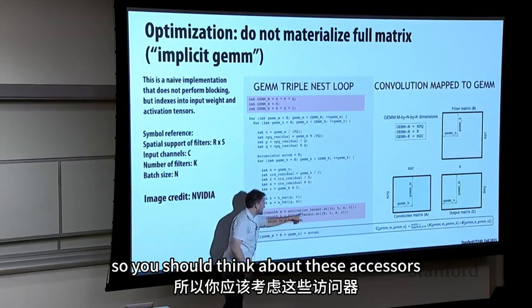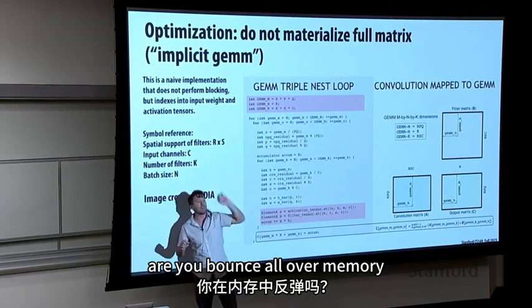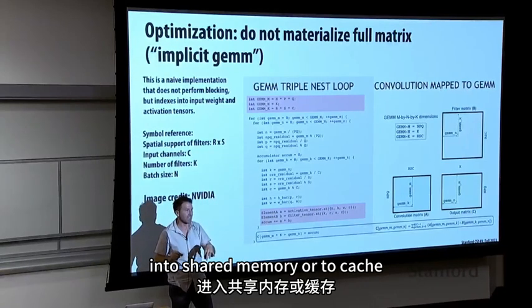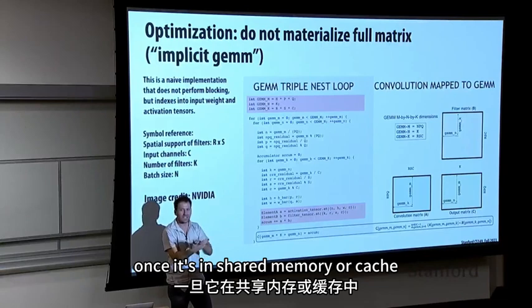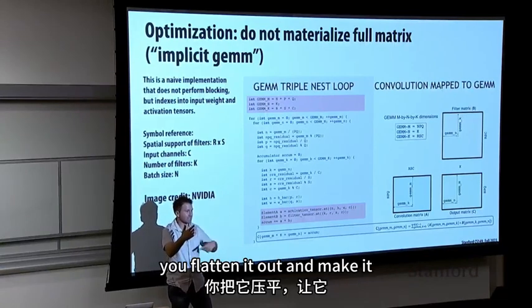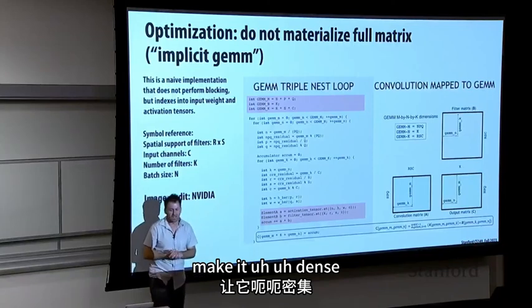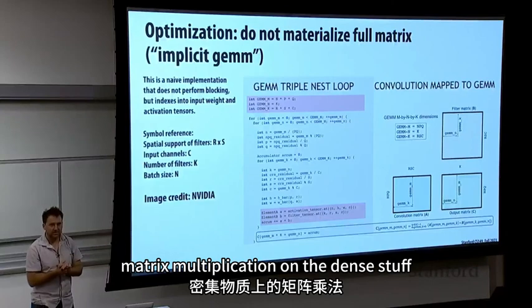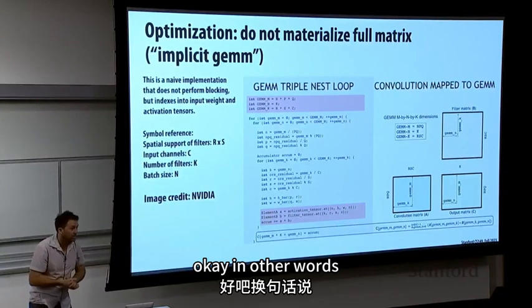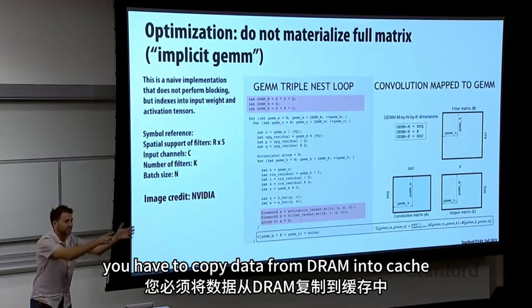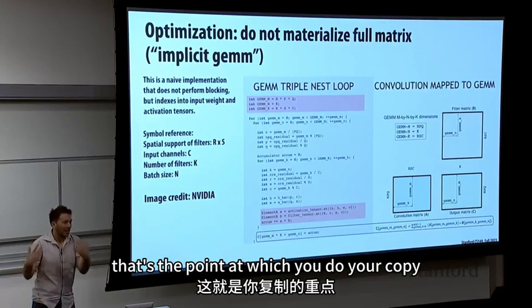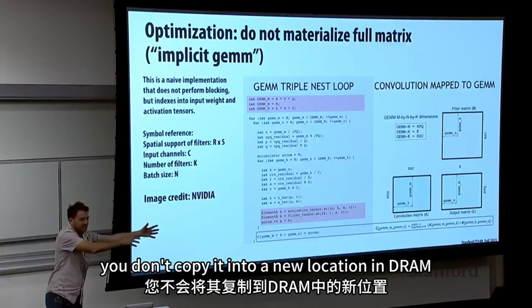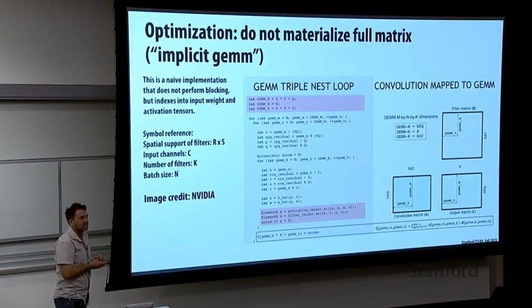So you should think about these accessors as bouncing all over memory when you're bringing that data into shared memory or cache. Once it's in shared memory or cache, you flatten it out and make it dense. And then you run your subblock matrix multiplication on the dense stuff. Okay? In other words, you have to copy data from DRAM into cache. That's the point at which you do your copy. You don't copy it into a new location in DRAM and then bring it in. There's a big difference.